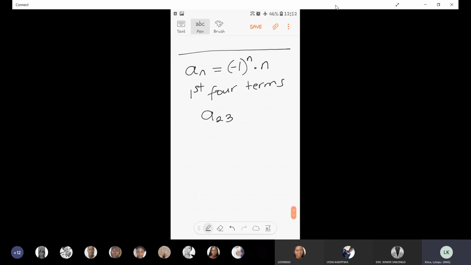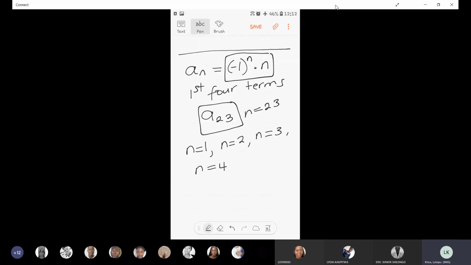Now this is pretty simple to do because the first 4 terms means that n is equal to 1, n is equal to 2, n is equal to 3, and then n is equal to 4. So you just substitute n from 1 to 4 into that expression, and then that will give you the first 4 terms. Then to get the 23rd term, this just means that n is equal to 23.